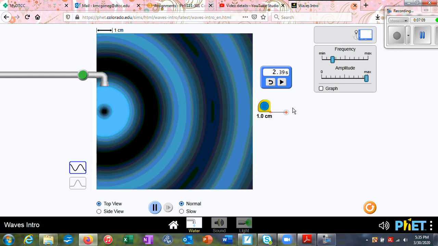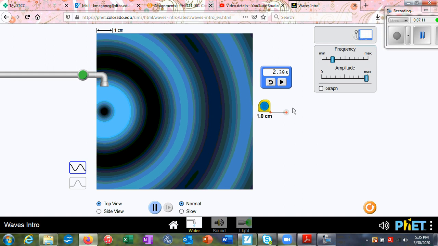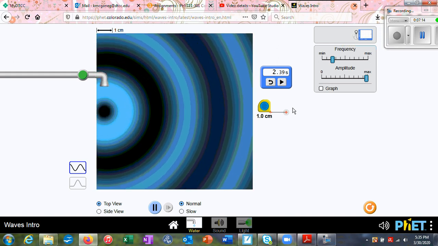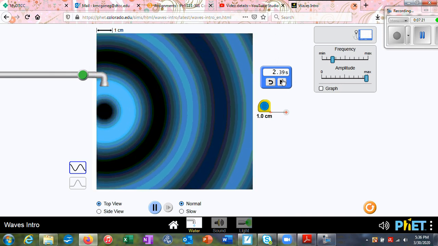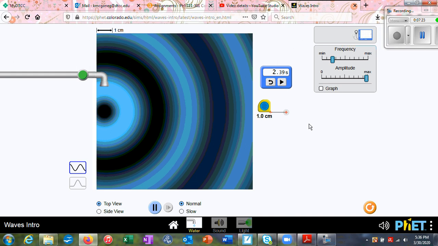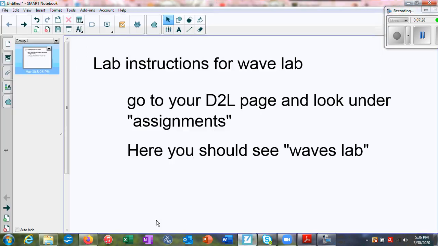So I can't directly measure the frequency, but if I know the period is 2.4 seconds or 2.39 seconds or whatever you get, you can then figure out the frequency. Remember that relationship we had where frequency is equal to, let's write it down here, 1 over the period.